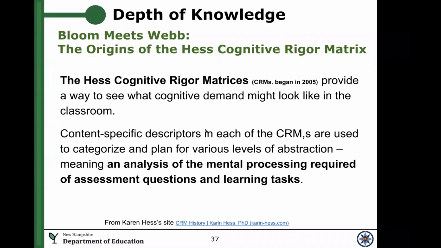All right. And then we have Bloom's taxonomy, which I think most of us became more familiar with in the beginning over the depth of knowledge. But Karen Hess, who is a Northern New Englander, has put together some nice matrices that show where the rigor and the Bloom taxonomy meet.